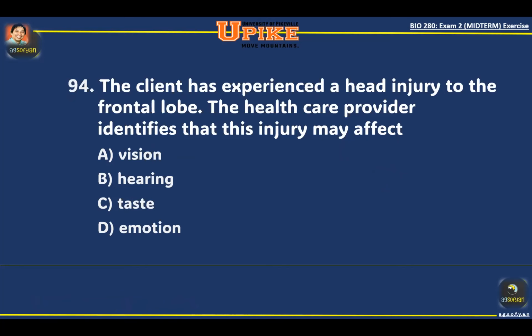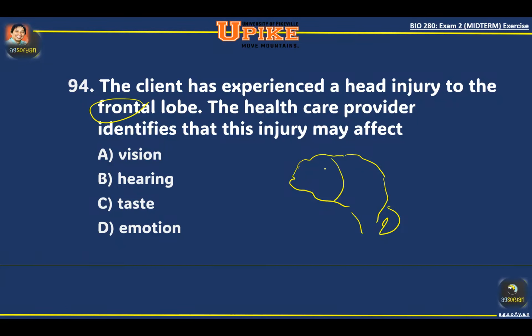The client has experienced a head injury to the frontal bone. The healthcare provider identifies that this injury may affect what? So frontal bone. Let's say this is the frontal lobe, this is your brain, and this is the back.